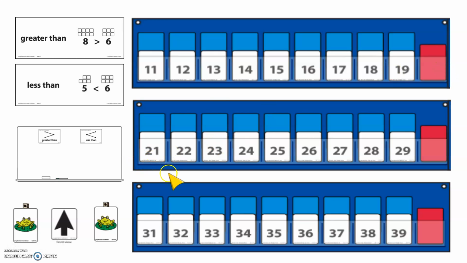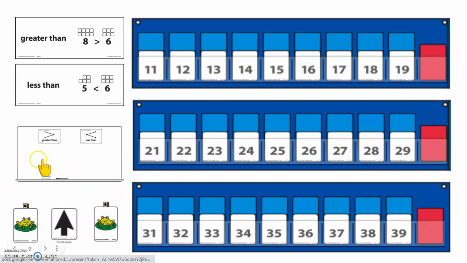Yes, 21, 22, 23, 24, 25, 26, 27, 28. 28 days in school. 29. Number missing. What do you think it is? 30. Yes. 31, 32, 33, 34, 35, 36, 37, 38, 39. What would come after 39? Did you say 40? You are correct.